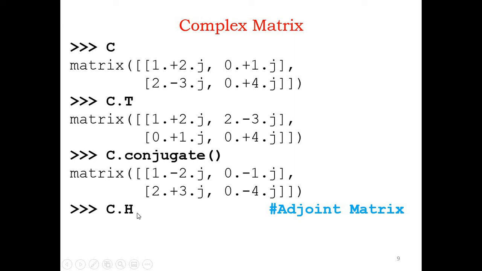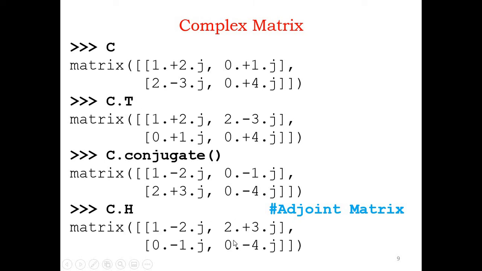So here you write C dot H, and you get the adjoint matrix. The adjoint matrix is nothing but the conjugate transpose. You see that if you transpose this and then take the conjugate of it, you will get this thing. See, C dot T conjugate is 1 minus 2, then it is 2 minus 3, it is 2 plus 3 and so on.